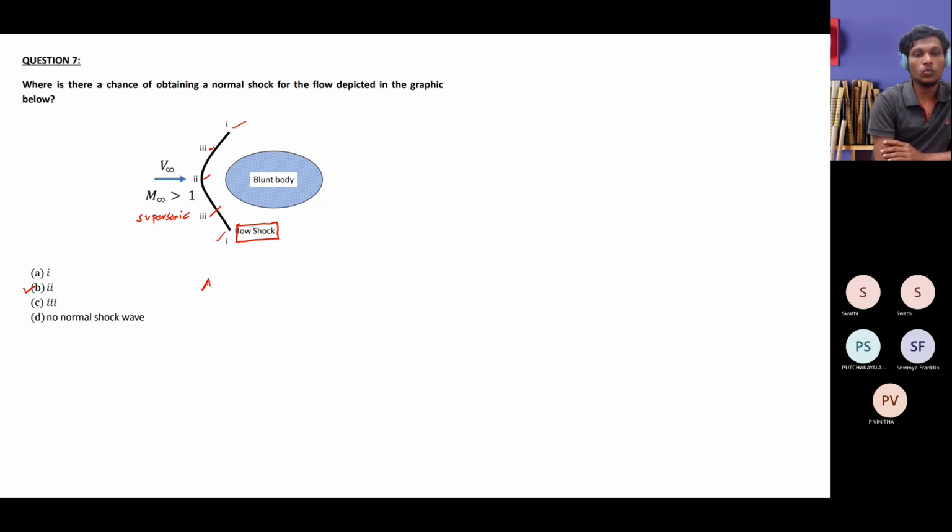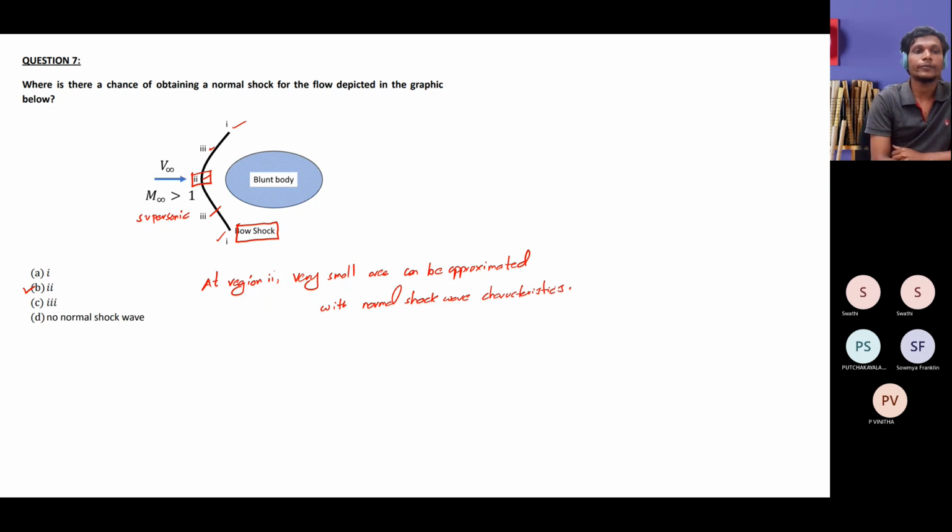So at region 2, a very small area, not the entire one, very small area, can be approximated with normal shock wave characteristics.